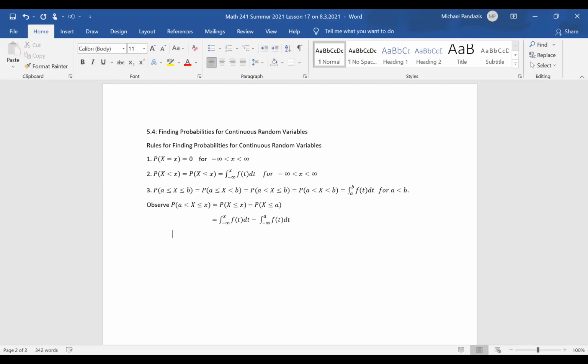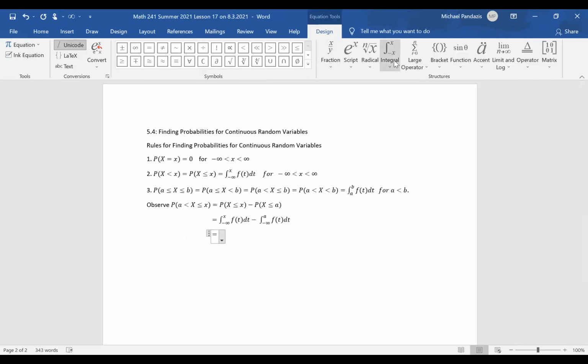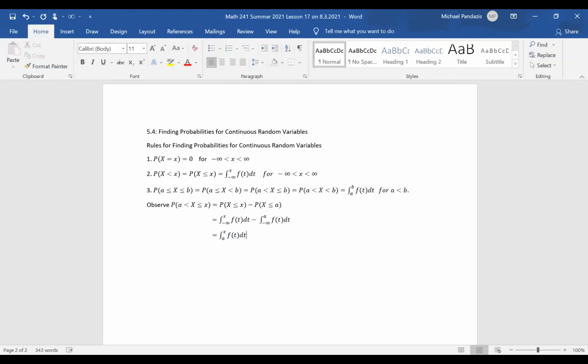And then by properties of the integral that you learned in calculus, this is equal to the definite integral from a to x of f of t dt. So we just showed that the probability of this interval is equal to that definite integral.